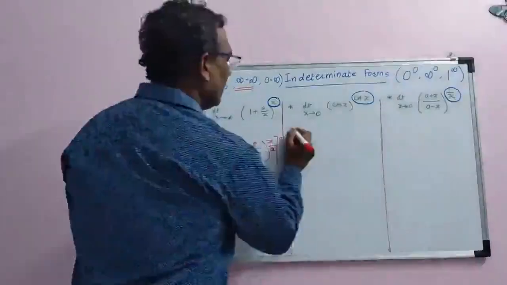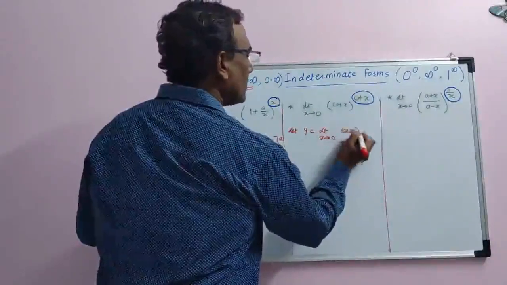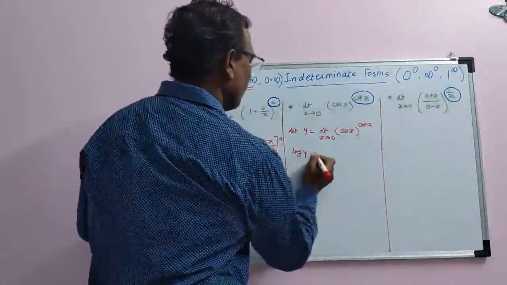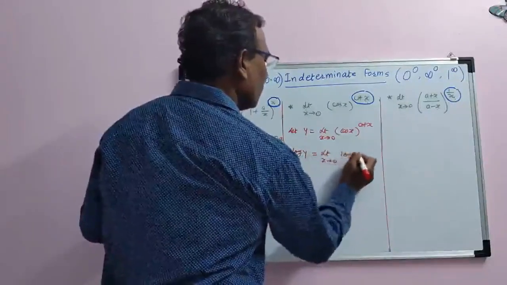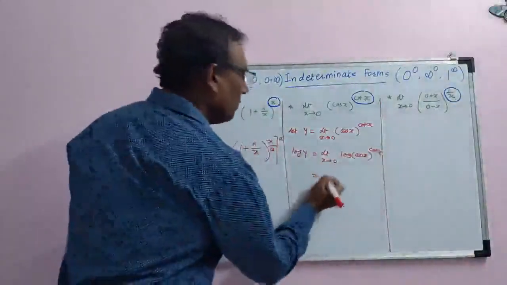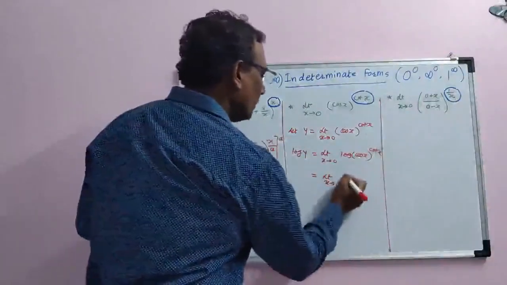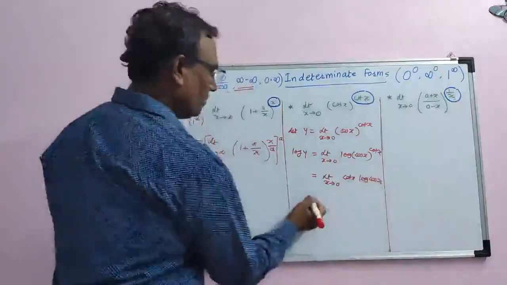Next one is, let y equal limit x tends to 0, cos x raised to the power cot x. Taking log of both the sides, limit x tends to 0, log of cos x to the power cot x. By the law of logarithm, this cot will come here at the coefficient place of log of cos x.